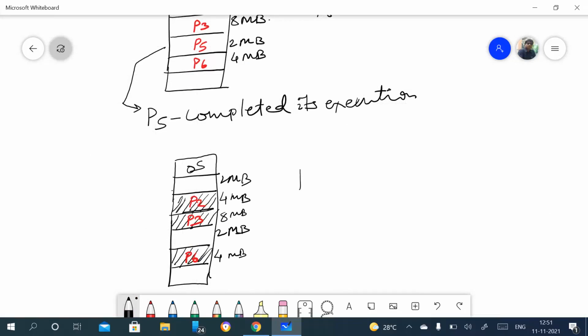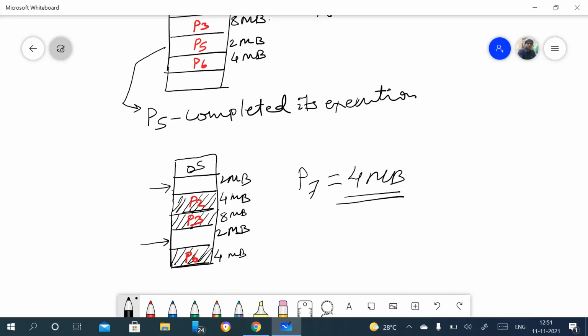Now consider one process is there, that is P7. Now assume this is full, this one. So P7 need is 4 MB. Now, is there any slot which is of size 4 MB? No, there are two slots.